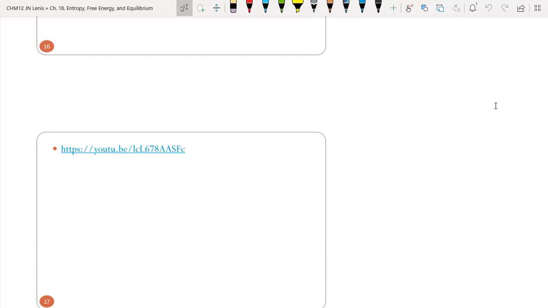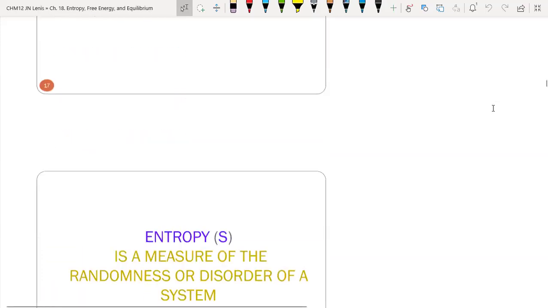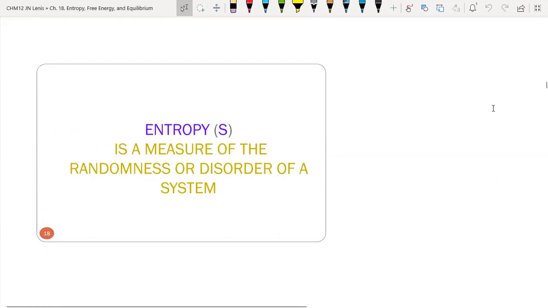Also, we can measure the heat of that process in two different ways: at constant volume, or we can measure the heat at constant pressure, and that's what we call the enthalpy. Now, the second law talks about entropy.